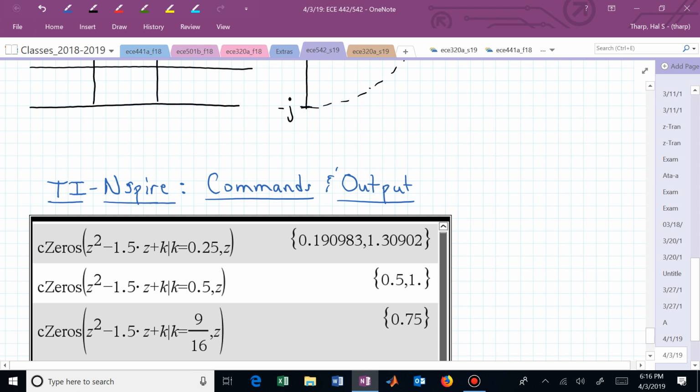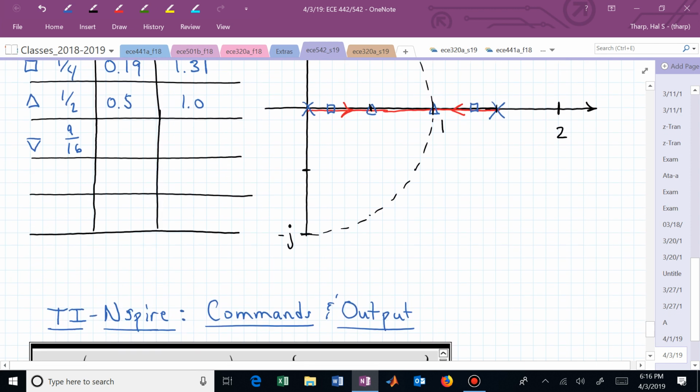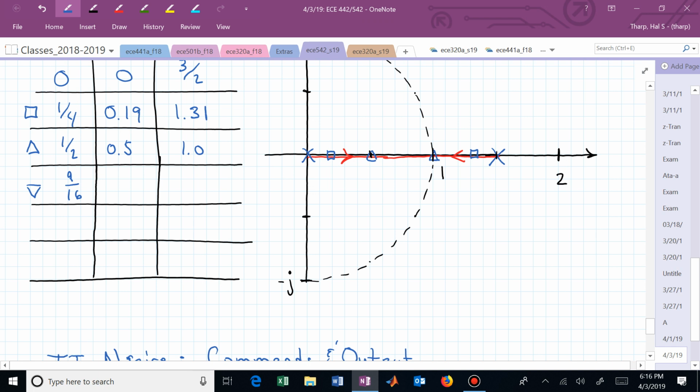I'm now at 3/4, and I'll just draw one symbol, even though you know that it's really two on top of each other. I'm now at the upside down triangle at 0.75. Now I am stable. If I cranked up that gain a little bit more than 1/2, up to 9/16, now both poles are at the same location, at 3/4. They're both inside the unit circle.